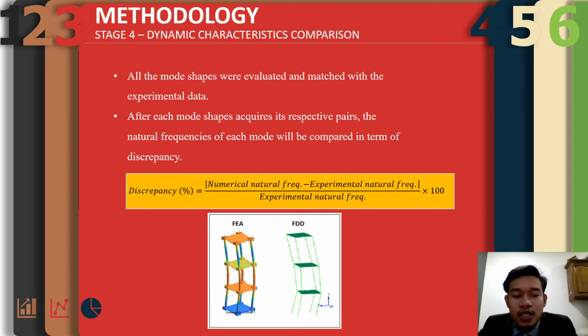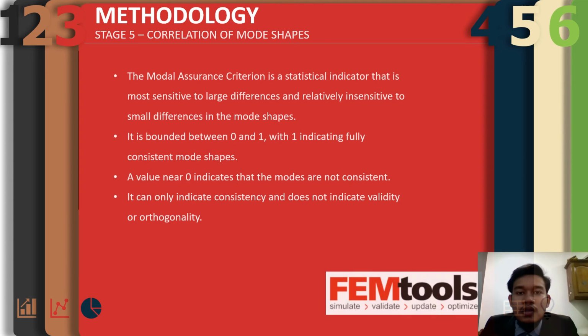Below is the discrepancy equation, and this is how we match the modes, considering the physical shapes only. After I identified and evaluated the smallest discrepancies, whether using the adaptive or the classical methods of FEA, the result will be used in the correlation process in stage 5, by using the MAC.